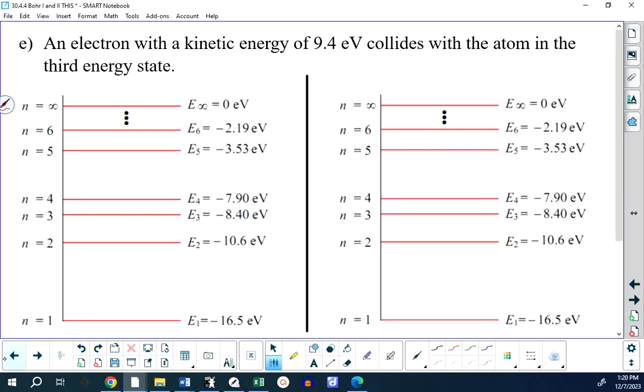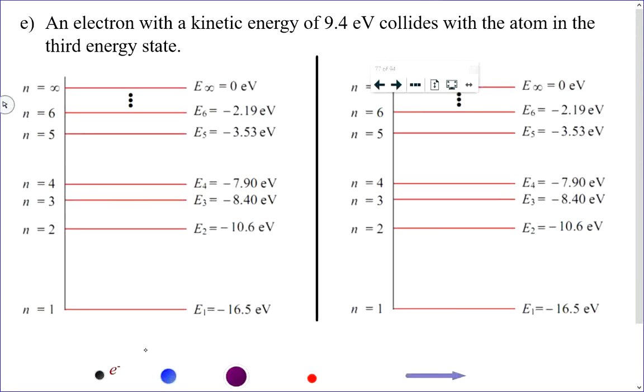An electron with a kinetic energy of 9.4 eV collides with an atom in the third energy state. Okay, things are going to get a little interesting. You see what happened there? My electron, which was black, became blue when I drag it off. That's weird.